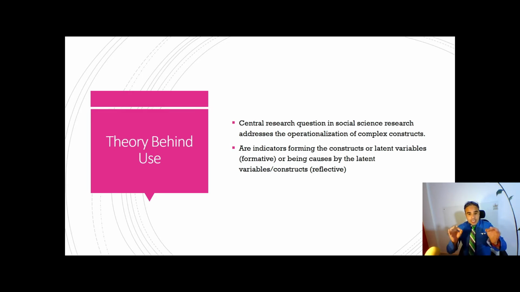One central question in social research is the operationalization of complex constructs, which means that any complex construct, like personality, intelligence, organizational culture, all of those major and abstract constructs, have to be operationalized into further sub-constructs or indicators, that's survey questions, in order to measure them.